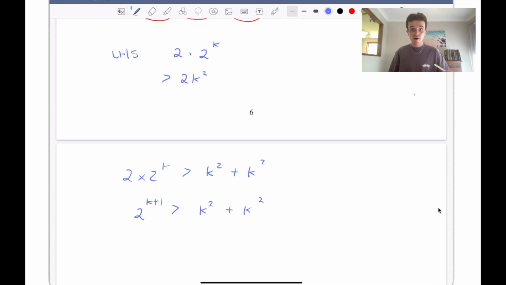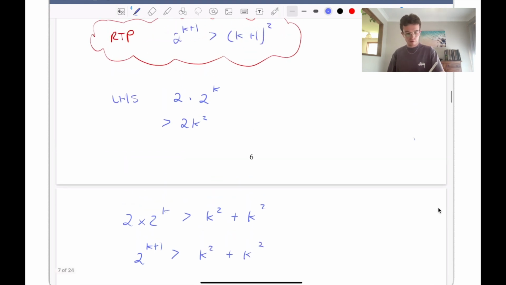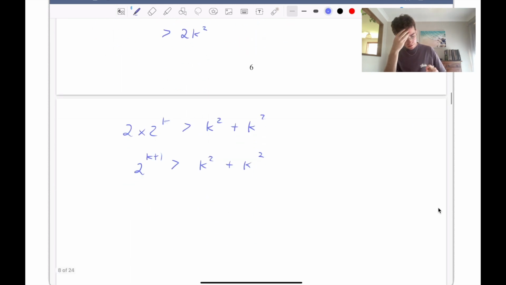Now that's actually quite close to what we were required to prove. I've got a 2 to the k plus 1, we've got a greater than, but we want a (k plus 1) squared, and I've got a k squared and a k squared. So that's a bit of a problem because it's not quite what we're after.